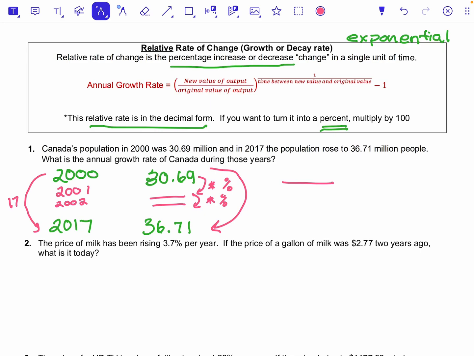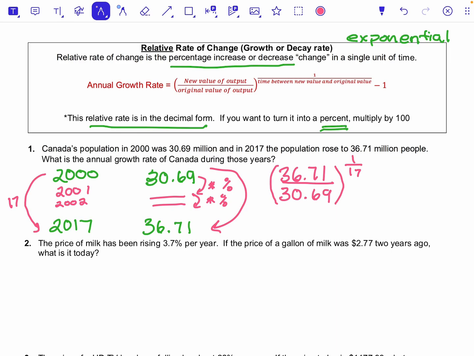Well, 36.71, that new value divided by the original value, would tell me, if I just wanted a single number to multiply by, that would be it. But the reality is that we want a number that we would have multiplied by 17 different times. So to undo that multiplying the same thing 17 different times, we actually raise this to a fractional power. And I'm going to show you how to do that in the calculator in a minute.